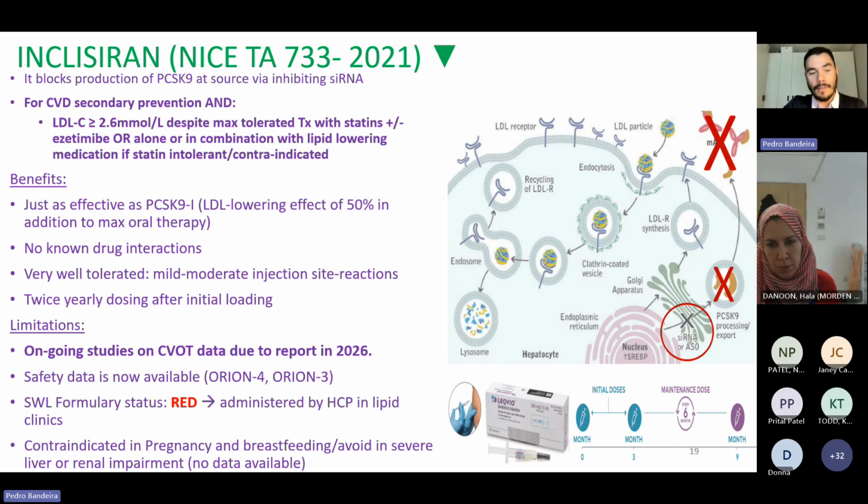However, there are currently formulary issues with inclisiran. Currently, it's hospital only. In other parts of the UK, these drugs can be used in primary and secondary care. We're hoping to apply for a formulary application in the next few months.